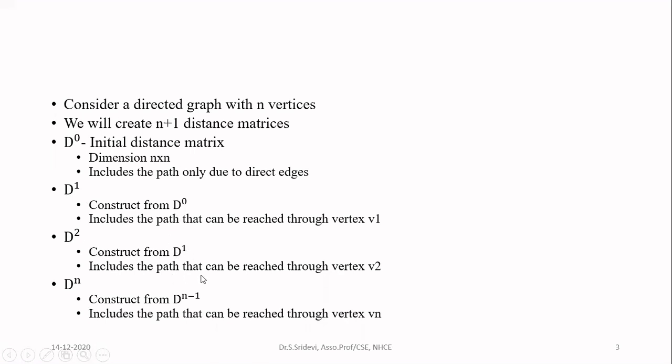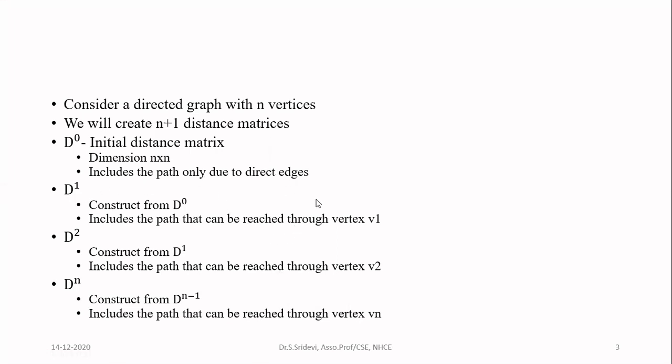It will include all the paths that can be reached through the vertex V2. Finally, we will have the matrix Dn, constructed from the matrix Dn minus 1. It includes all the paths that can be reached through the vertex Vn. So for every vertex, we consider one matrix.